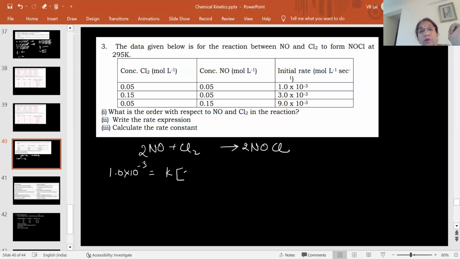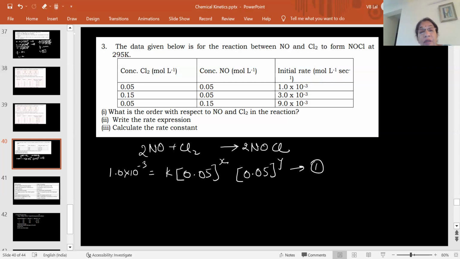So concentration of NO, let me write first because I've written it here first. 0.05 raised to X, and this is 0.05 raised to Y. I don't know what X and Y are. So this is equation number 1.